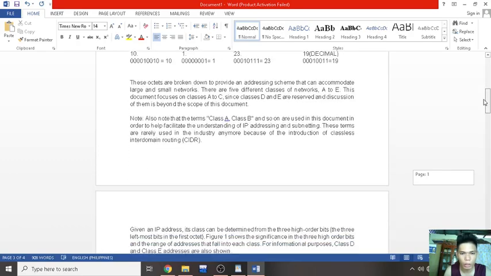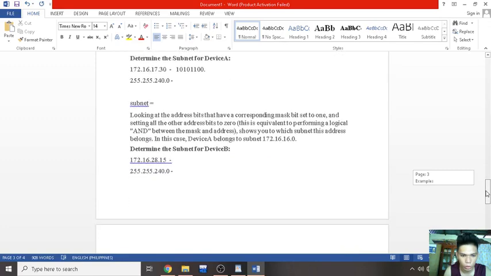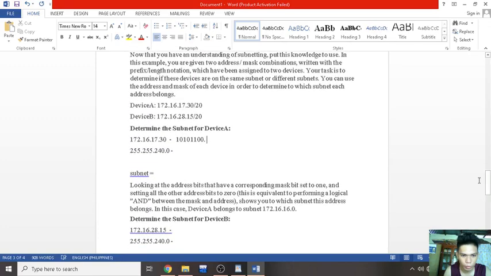We have 16, a value of 1 here: 0 0 0 1 and then the rest will be 0. Next we have 17, so we have a 16 here and we will have a 1 here, so it will be 0 0 0 1 0 0 0 1.